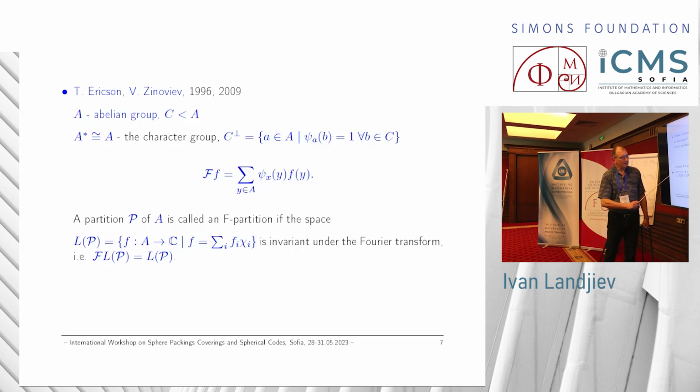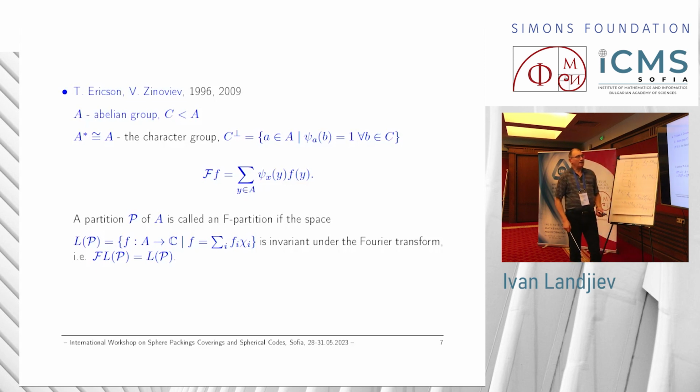Here P is a partition, the P sub i's are the parts of the partition, and chi sub i is the characteristic function of this part. This space should be invariant under the Fourier transform, so it should be mapped to itself.